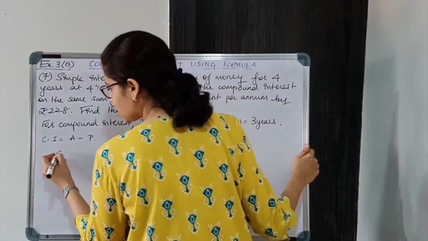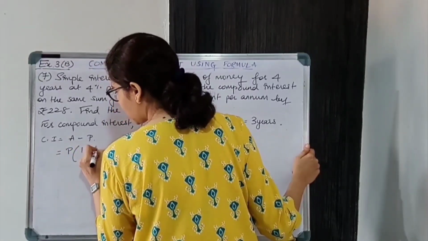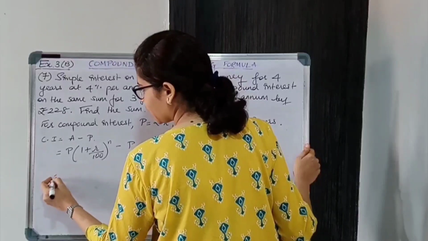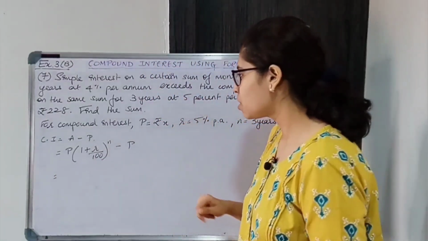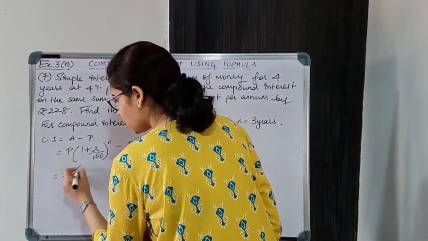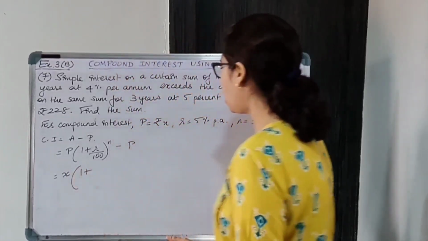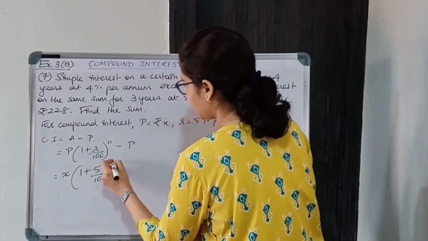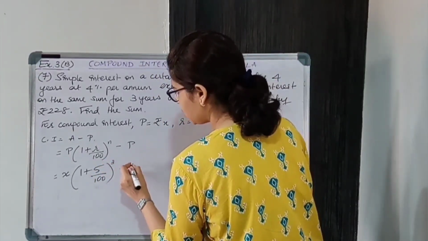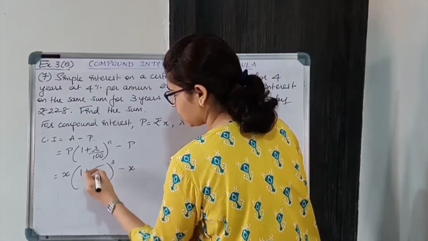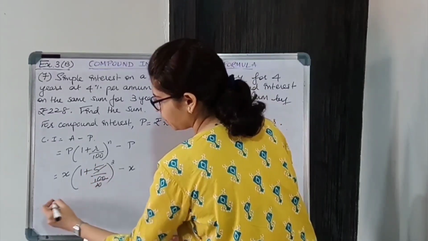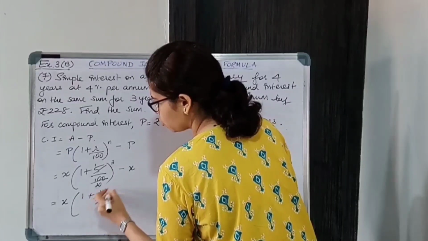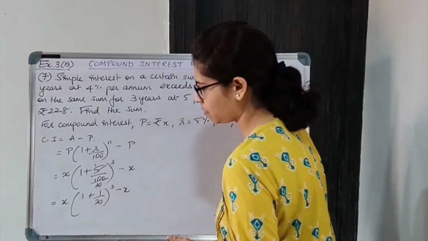Amount is P into 1 plus R upon 100 raised to n, minus P. Let us substitute the values. P is x, R is 5, n is 3, minus P is x. 5 ones are 5, 5 twenties are 100. So we get x into 1 plus 1 upon 20 raised to 3 minus x.